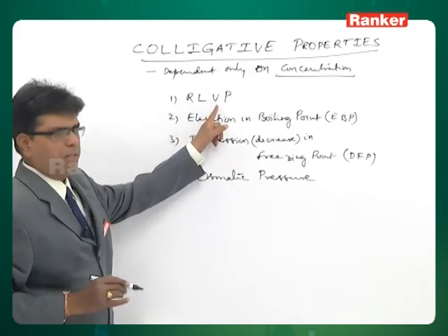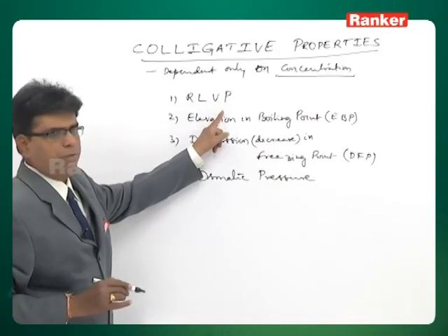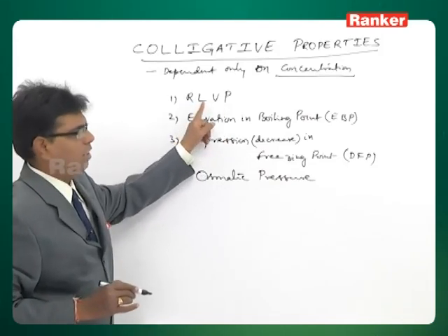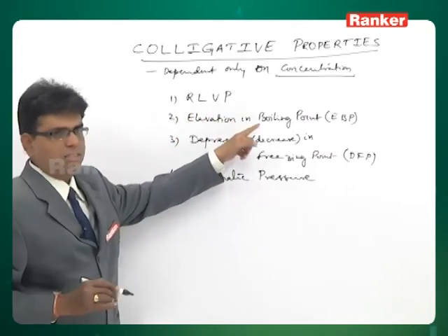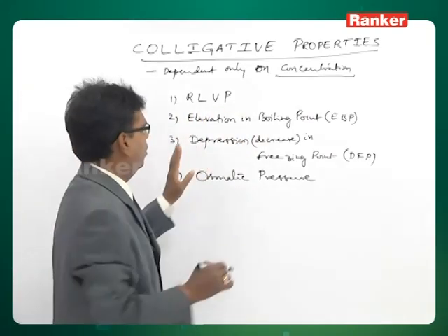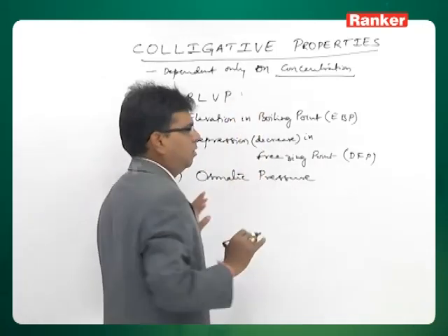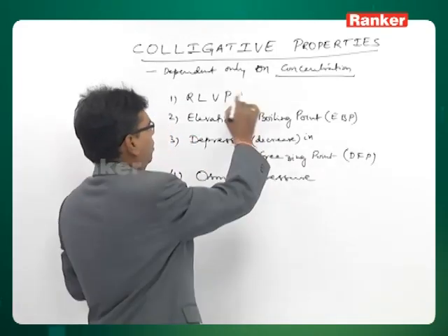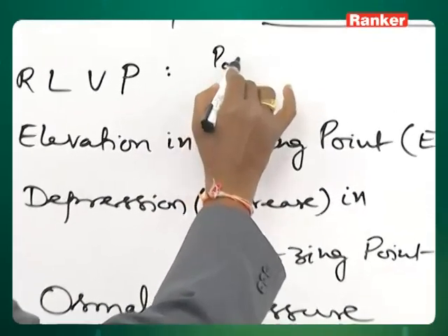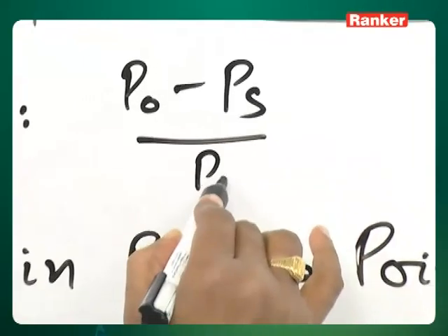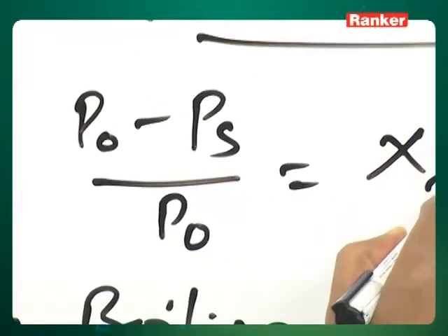What is vapor pressure? What is lowering of vapor pressure? What is relative lowering of vapor pressure? This we already discussed in our previous classes. Just as an immediate recollection, I write that (P naught minus Ps) by P naught is equal to the mole fraction of solute.